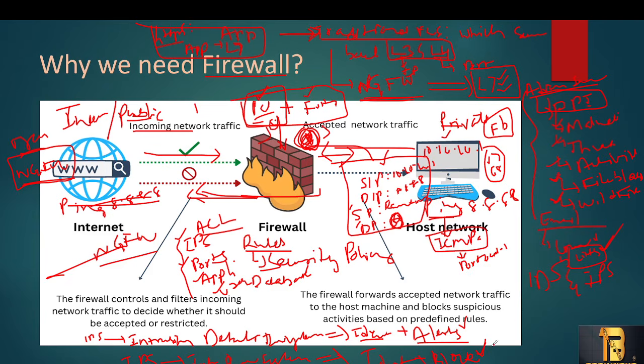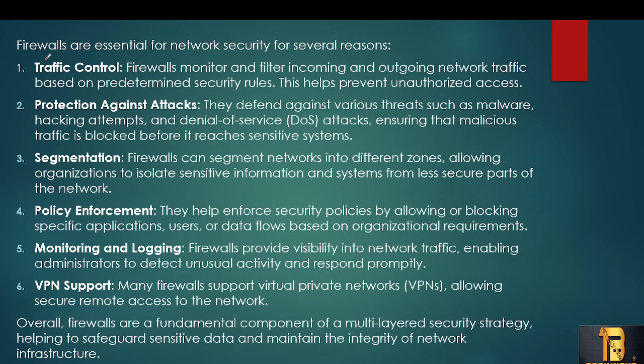Now, what are the features? We have discussed the features needed to provide security, and here are some of the essential features required in day-to-day life if you are using a Palo Alto firewall. The first one is traffic control. The firewall will monitor and filter all incoming and outgoing traffic based upon the security rules that we have defined.